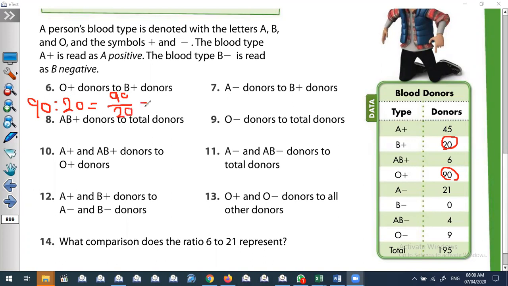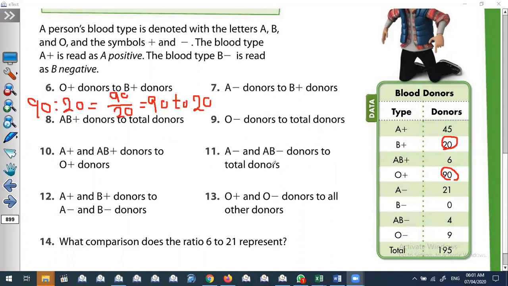Or 90 to 20. 3 ways. The next one, A negative to B positive. A negative 21, B positive 20. So I can write it like that.